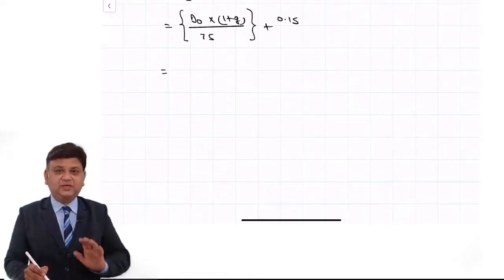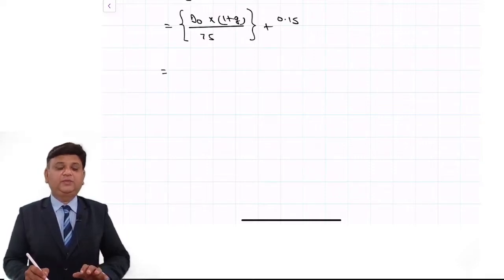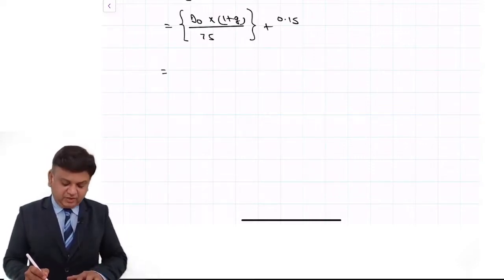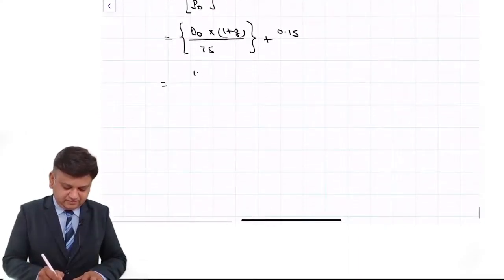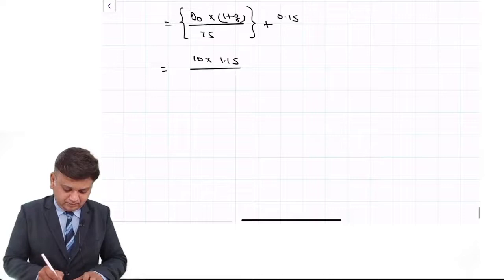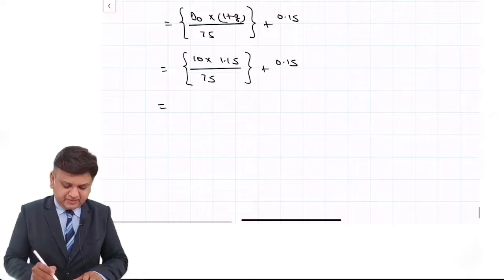The existing growth rate will be considered for the purpose of calculation of the cost of equity of the target company right now. Amount of dividend is 10 into 1.15, divided by 75, plus 0.15.